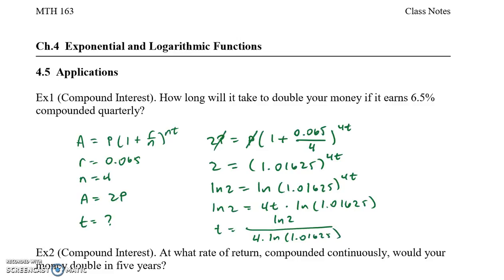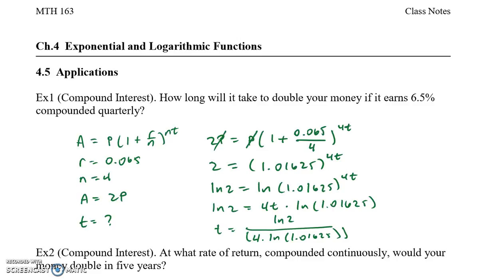Then we can use a calculator at this point, making sure that we divide by all of 4 times the natural log of 1.01625. When you do the division, the parentheses around the 1.01625 are not necessary, but the parentheses around the entire denominator, when you enter it into a calculator, should be included. So the outer parentheses that you see are mainly for the purpose of entering into the calculator. They don't actually have to be shown when you write the solution.